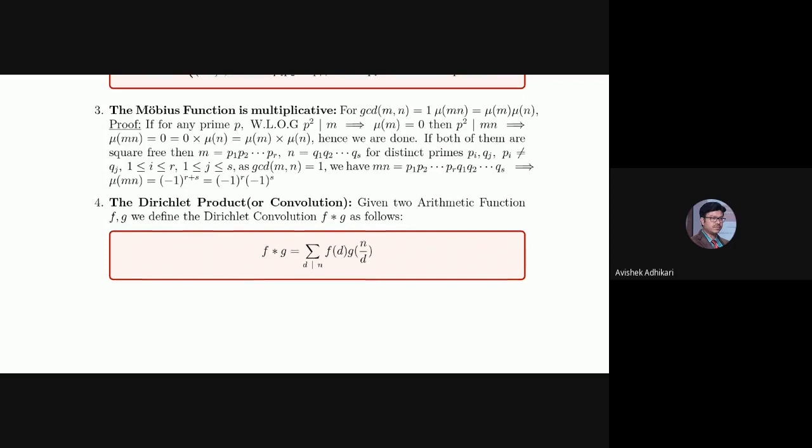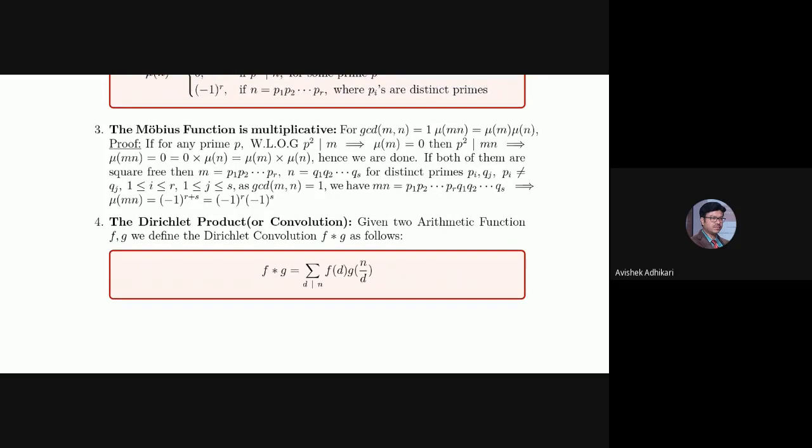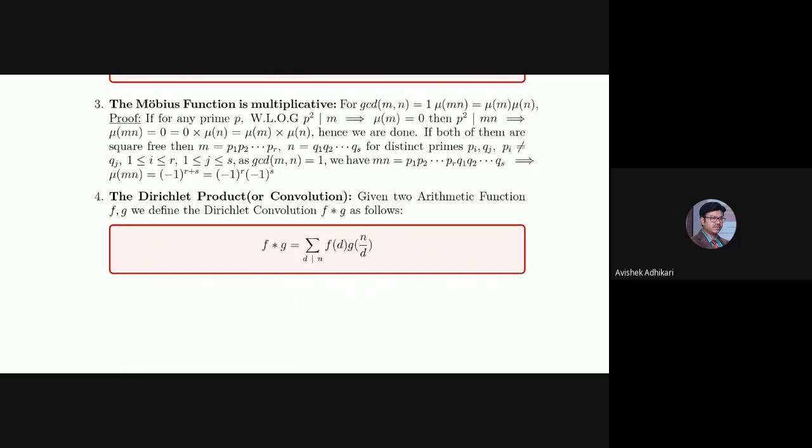So this is obvious. And if none of them are divisible by any square number, then we can prime factorize m and n in this way: product of pi's, where i runs from 1 to r, and qi's for n, where i runs from 1 to s. And if both r and s are odd integers, then they sum up to an even integer.